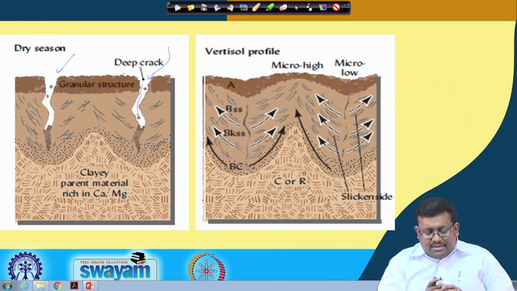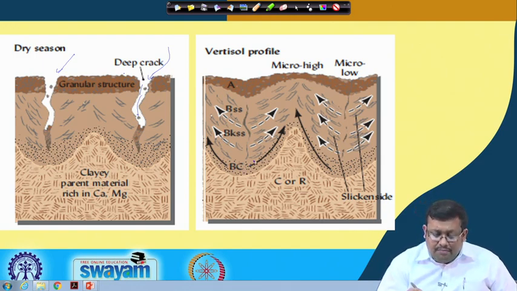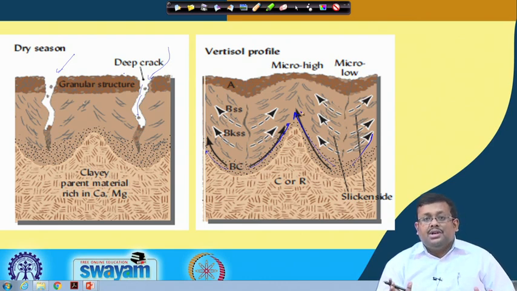Since the soil volume increases, this excessive soil tries to go this way, and it produces a pressure from both sides and tries to protrude out.